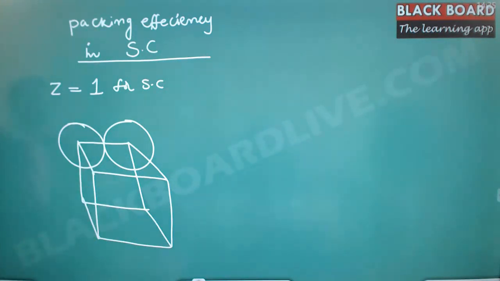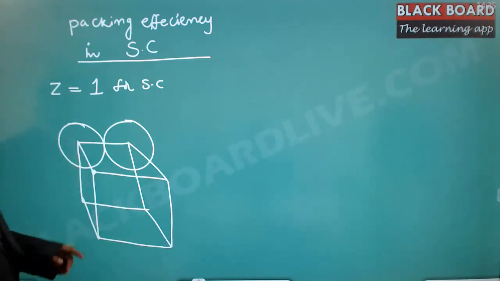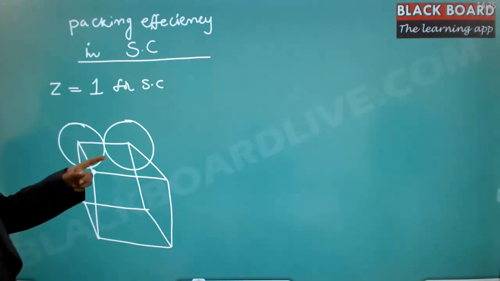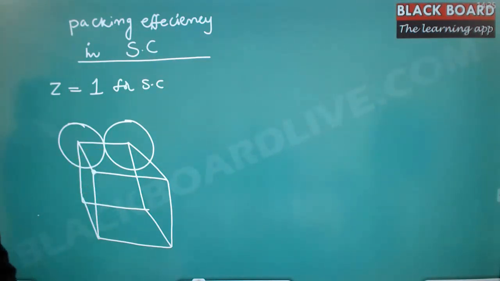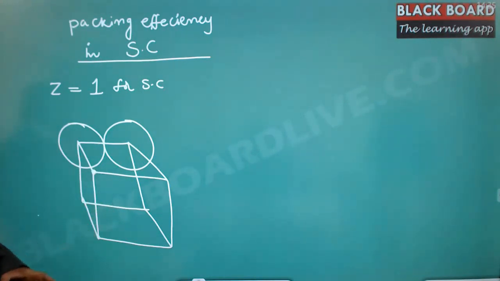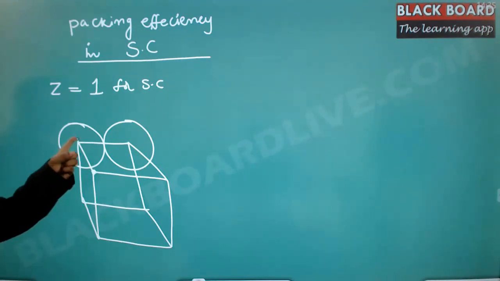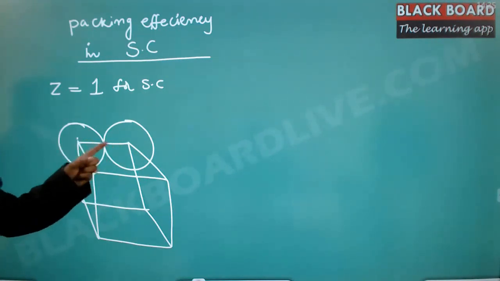In general, we represent an atom as a small point for our convenience, but atoms are closely packed with each other in the system. So 8 points at 8 corners are closely packed. But for our convenience, I represent only 2 circles here, 2 atoms here.